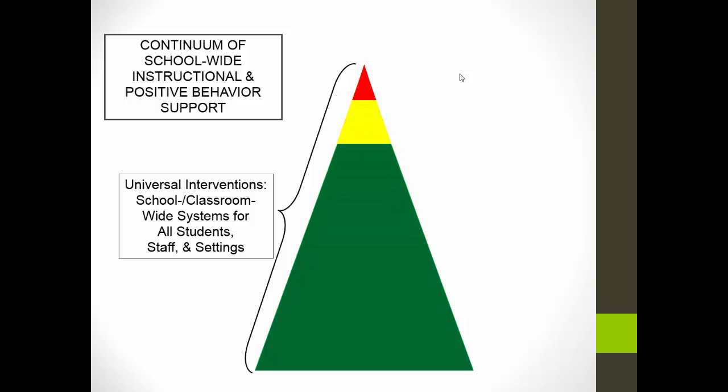And so we want our triangle looking more like this. When we're starting to talk about Tier 3 level supports, we're going to have a hard enough time supporting 5% of the students. We've got to really make sure our Tier 1 and Tier 2 are strong so that 5% doesn't turn into 10%.